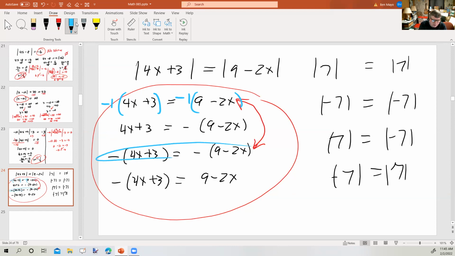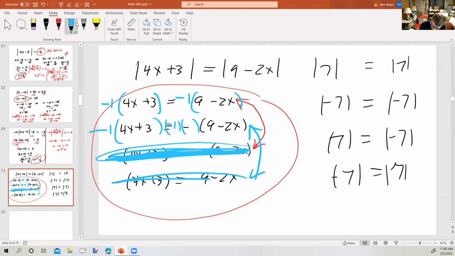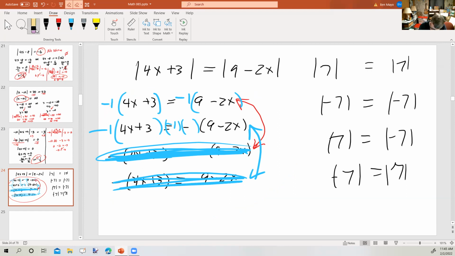Therefore, they're redundant, they're the same equation, so I can get rid of that. Well, what about equation 2 and equation 4? If I took equation 2 and multiplied both sides by -1, I'd get equation 4. So they're redundant. So what does that bring us back to? Well, let's see here.